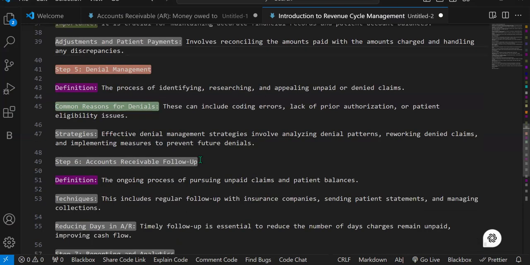And after that, account receivable follow-up. The definition: the ongoing process of pursuing unpaid claims and patient balances.